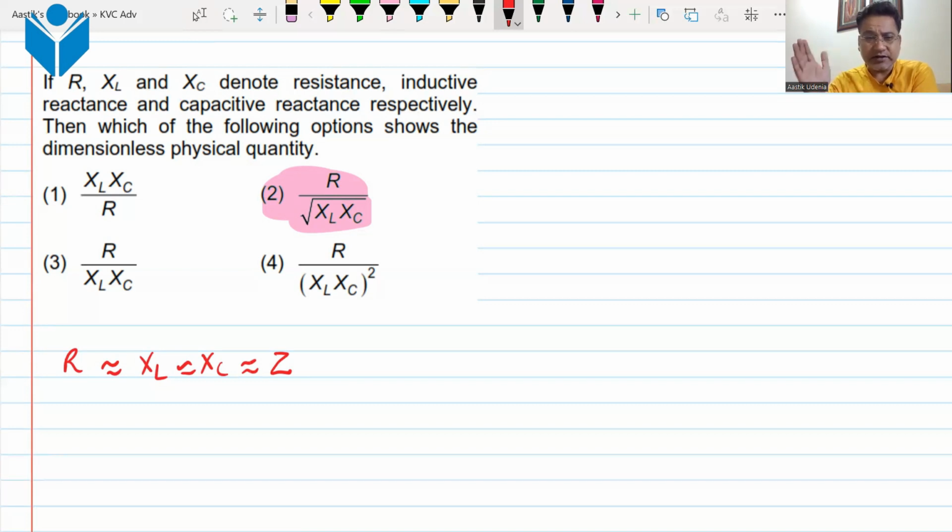If it is a pure inductor, it becomes inductive reactance. If it is a pure capacitor, it becomes capacitive reactance. If it is a combination, well, you already know the name. The name is impedance. So impedance is the word that you must remember. The units are same. This is the next one.